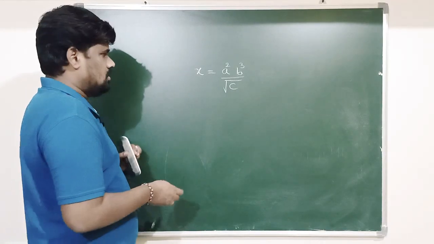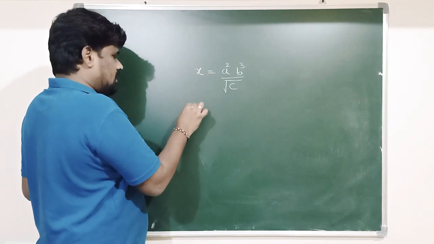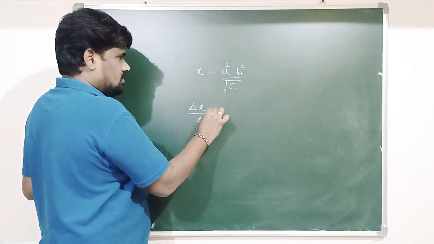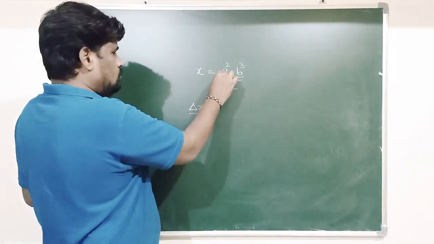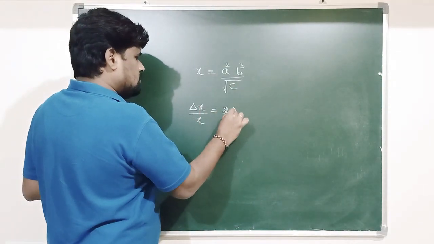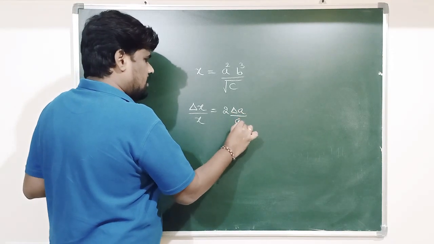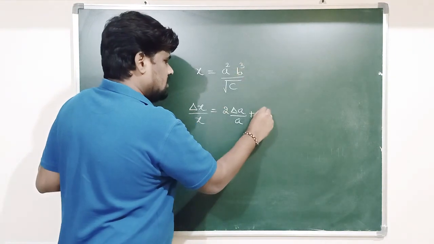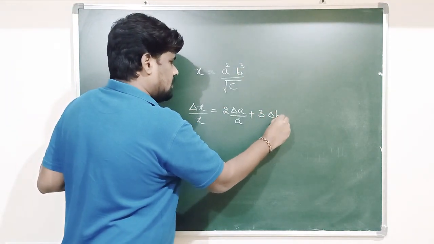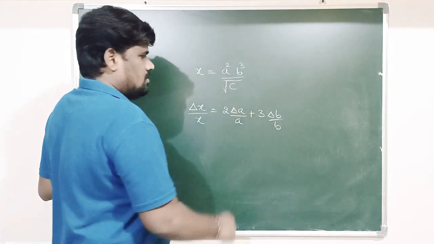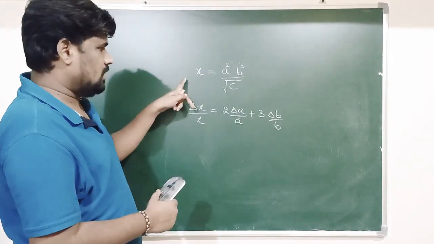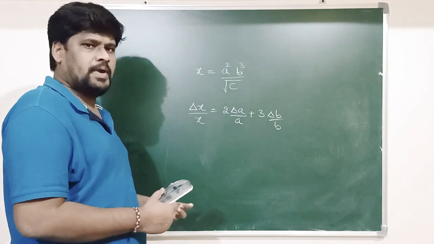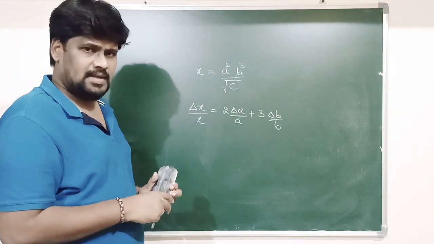The maximum possible error in the measurement of X is given by delta X by X, which is equal to 2 times delta A by A plus 3 times delta B by B. No matter whether the quantity is in the denominator or numerator, we are going to add the error.